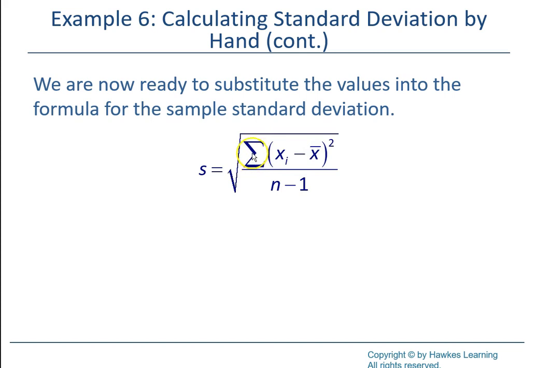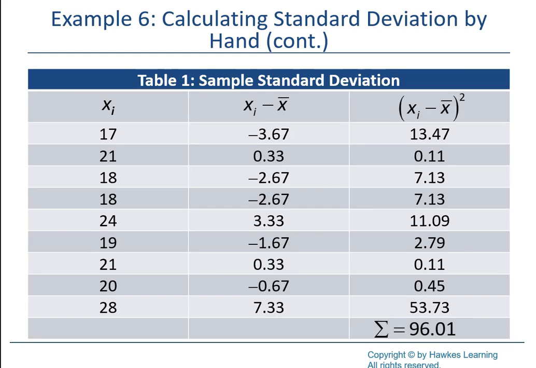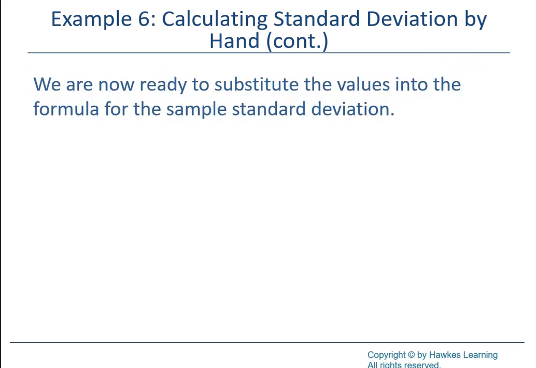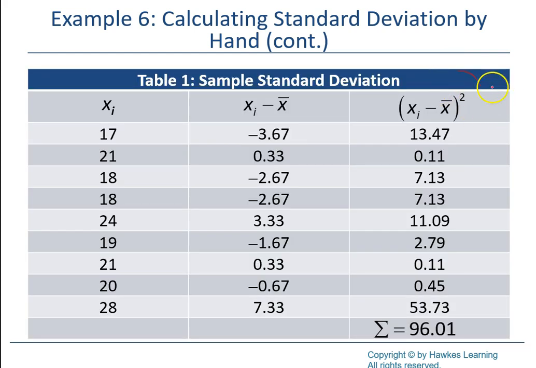This is where our sigma goes. Going back one, let's write that here. So this is going to be 96.01.